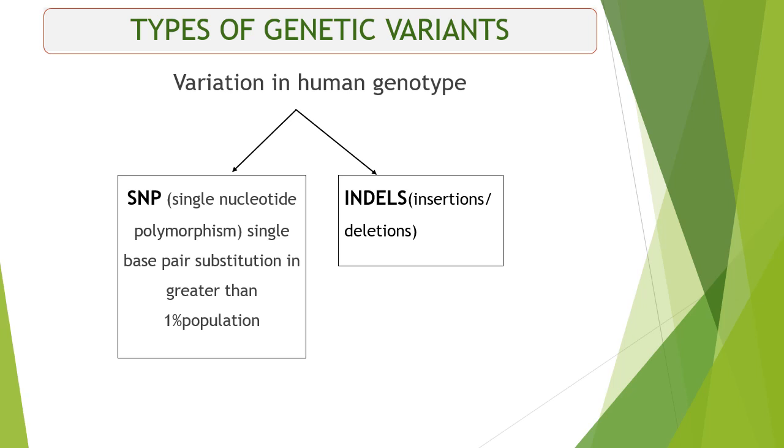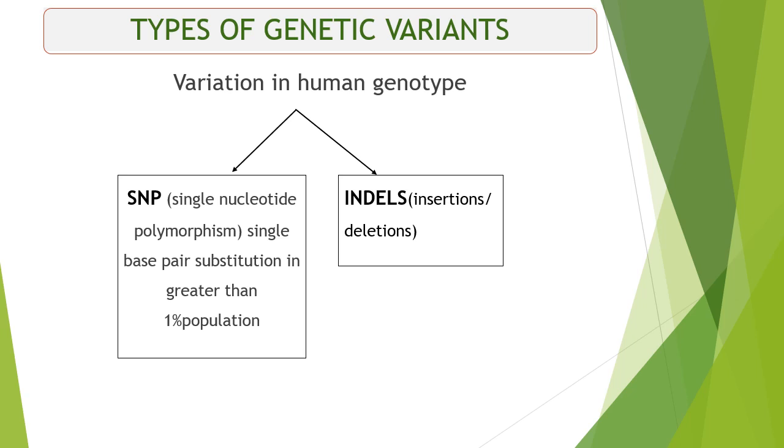Types of genetic variants. Variation in human genotype are of two types, SNPs and indels. SNP, single nucleotide polymorphism, is a single base pair substitution in greater than 1% of the population. SNPs occur when one nucleotide base pair replaces another.